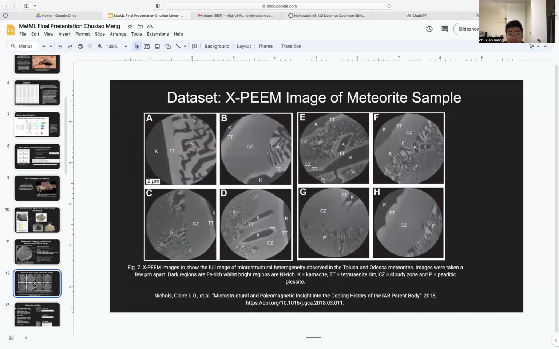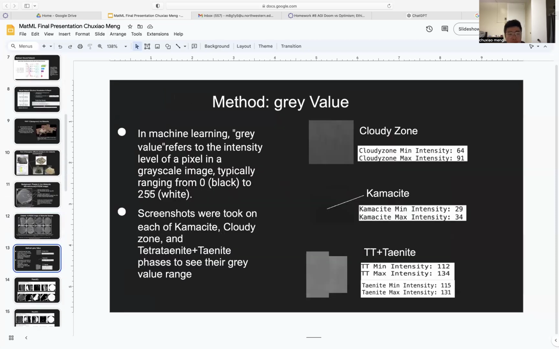So here's the data set. The XPEM images were taken from the samples called Toluca and Odessa. These are two meteorites. And the method we use here is called the grey value method.